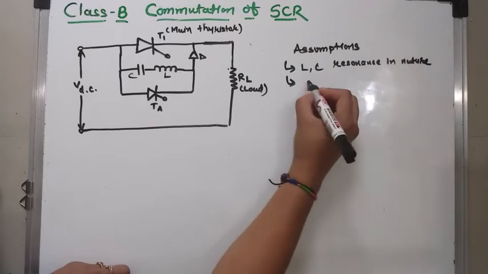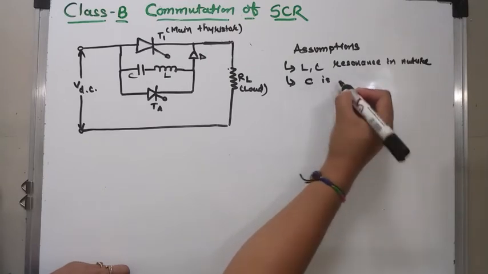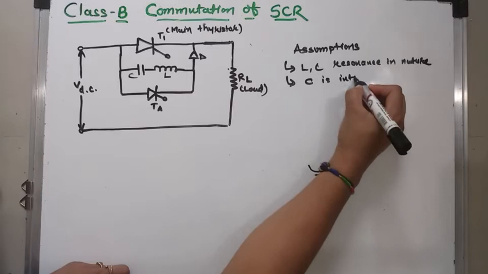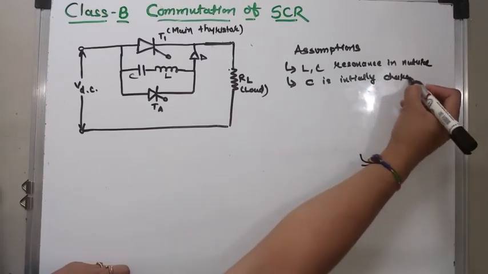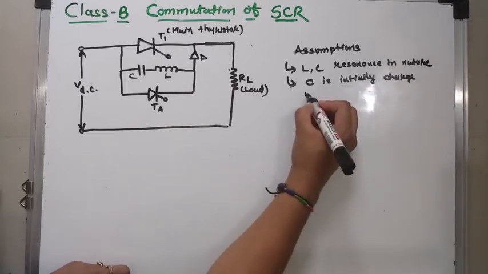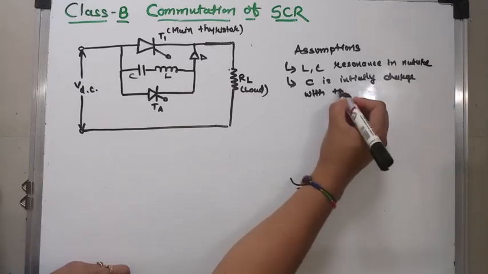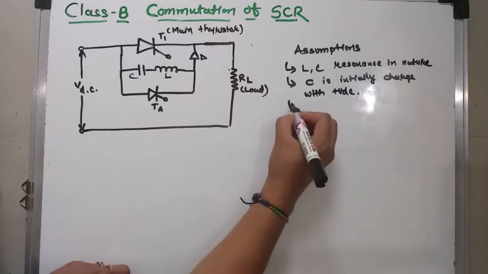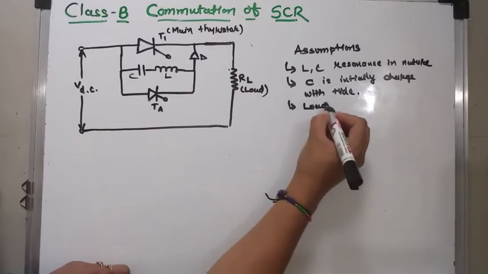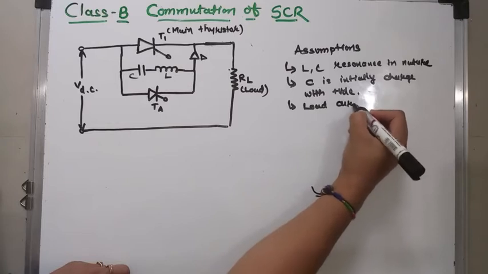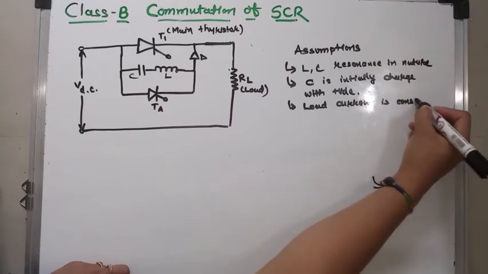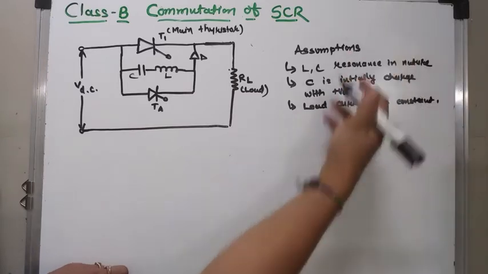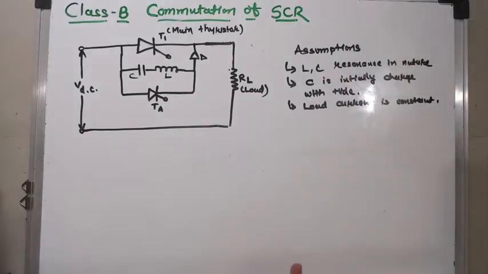Second, the capacitor is initially charged with plus VDC. Third, the load current is constant.